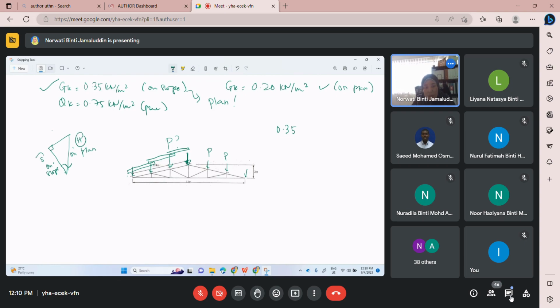Hypotenuse, sebelahan, tentangan. So tangent, cos, sin, which one? This is alpha. Cos alpha is on slope divided by on plan. Alpha is 18.4.